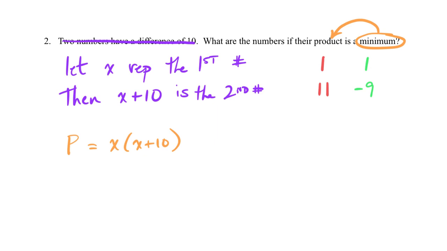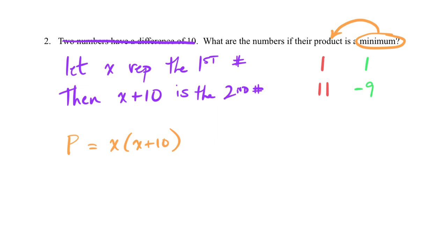Can I get you to look up at the red and the green numbers that I wrote earlier? Because I want you to notice something. There are infinitely many pairs of numbers that have a difference of 10. I just wrote 2 of them up there. 1 and 11 and 1 and -9.